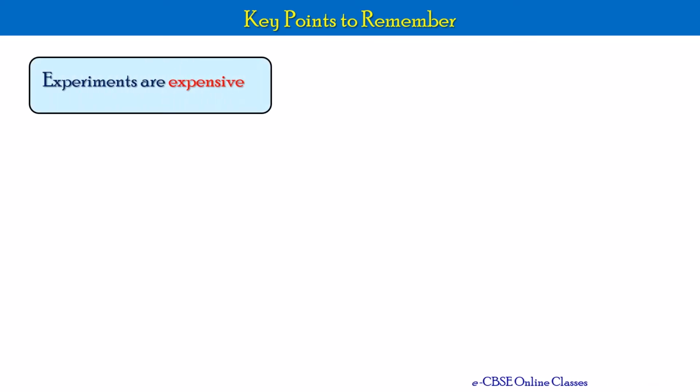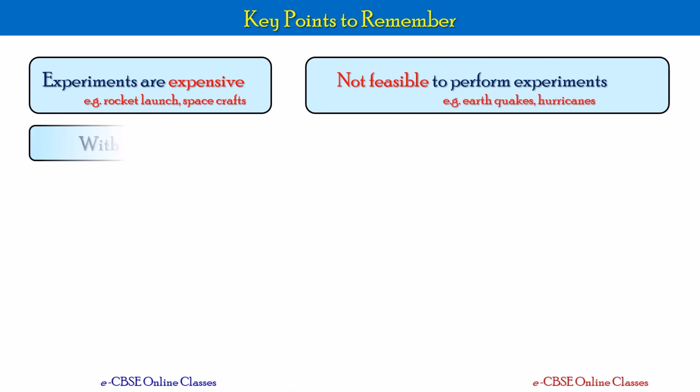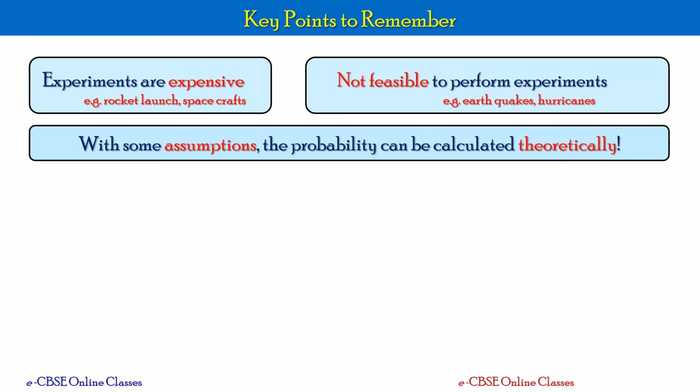Now, before we close this video, let us quickly remember the points that we have learned. In many situations, the experiments are expensive, like rocket launch and spacecrafts, and in some situations it is not even feasible to perform experiments like earthquakes and hurricanes. So in such situations, with some assumptions, the probability can be calculated theoretically.